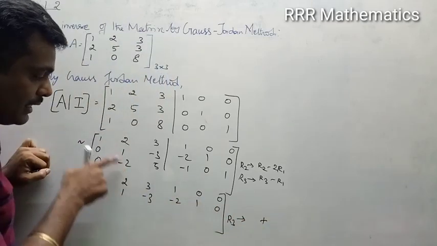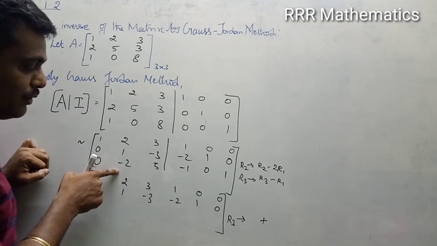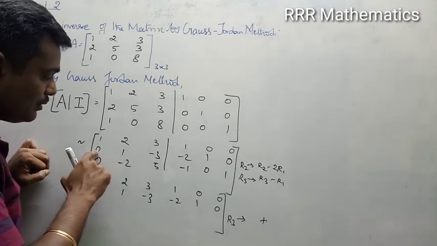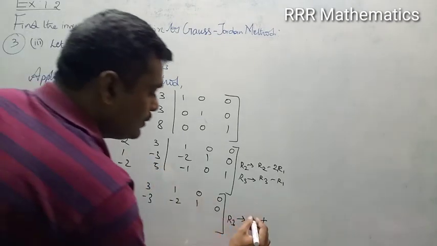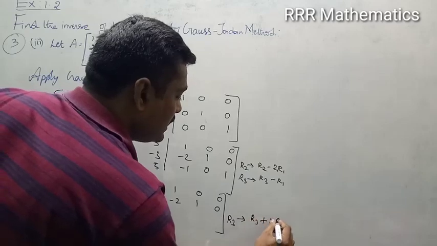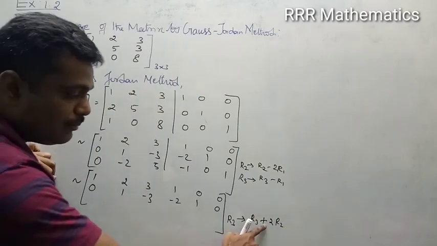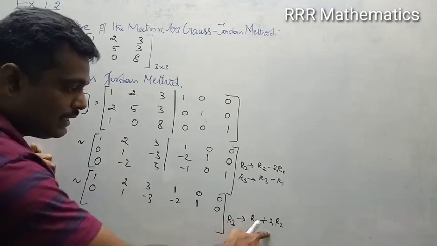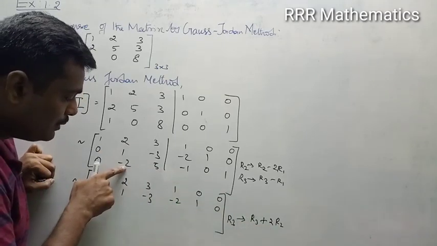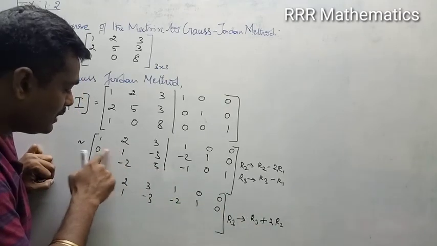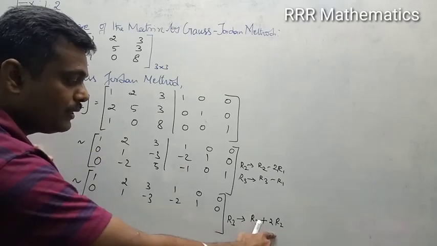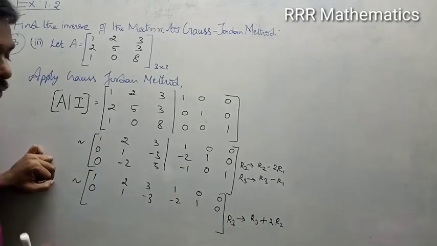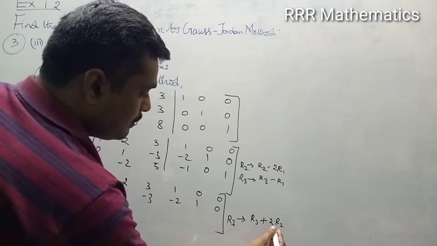I have 2 here and I need 2 here also; then only when I add, it will be 0. So I will multiply the second row by 2. So R3 plus 2 times R2. I am adding because of the opposite sign, and multiplying by 2 because I have 2 here and I need 2 here also. When you add, it will be 0.